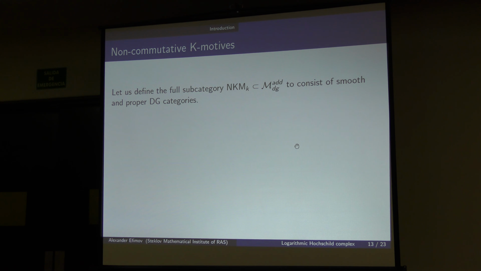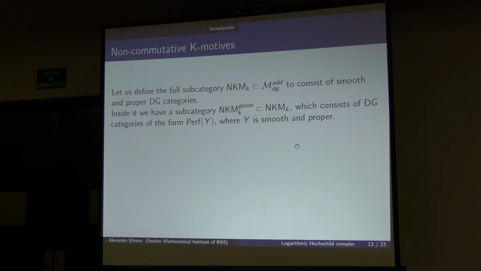Let us define the non-commutative K motives to be the full subcategory in this universal category which consists of smooth and proper DG categories. Inside it, we have a subcategory of geometric DG categories where the objects are just perfect complexes on smooth and proper varieties. So we have a commutative diagram of these inclusions.